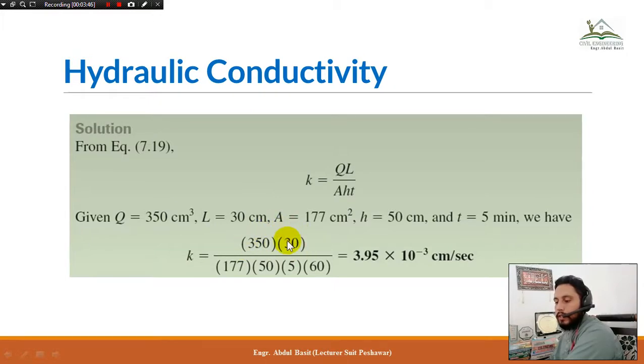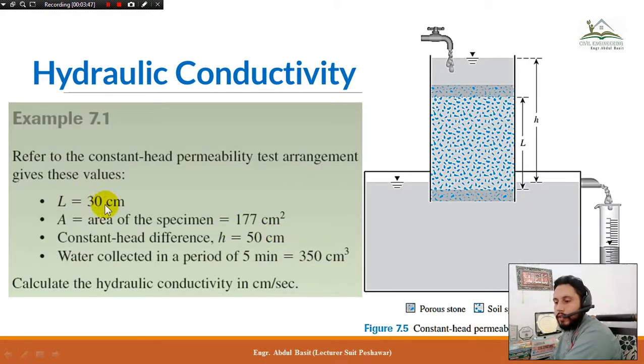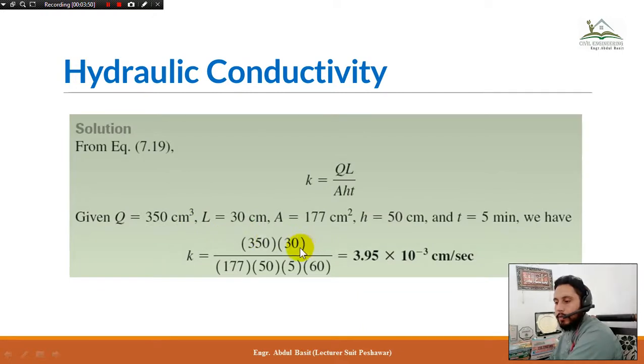Then the length is 30, so 30 will be put here. No need to convert the units, they are already in centimeters. A is 177 centimeter square, no need to convert it. And 50 is the head, in centimeters, no need to convert.